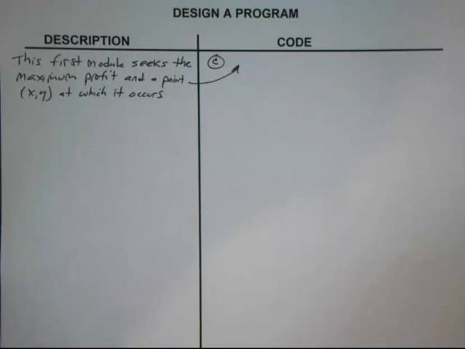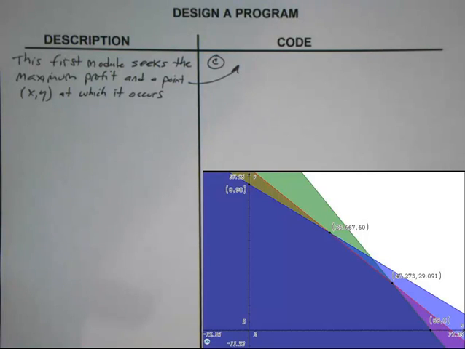Having explained what we have in mind here, how are we going to start to do this? What we might do is first generate an array of points which have all integer coordinates and keep them where x is between 0 and 60 and y is between 0 and 90, which is what we saw in our graph of the domain, that the x's and y's are so constrained.